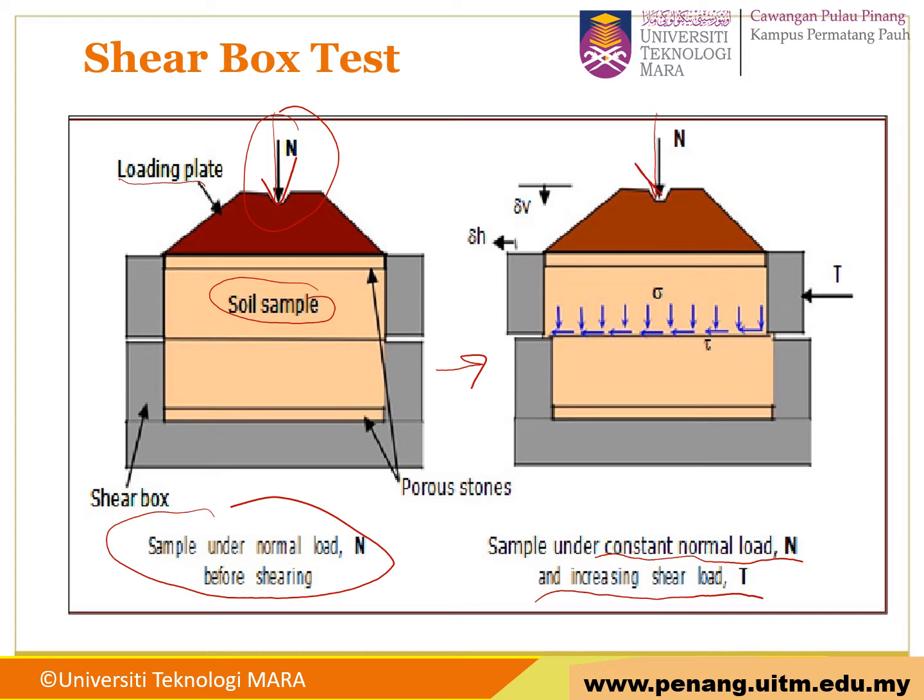So we apply normal load and then we apply force here, and the soil will fail because of the shear load. We shear the soil, and we also have the normal load at the top.